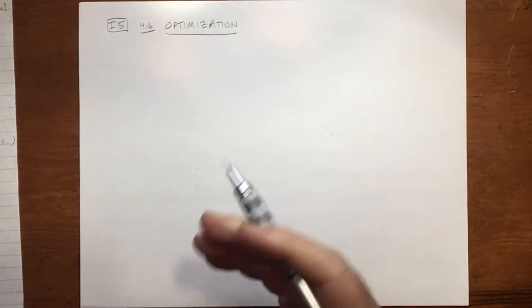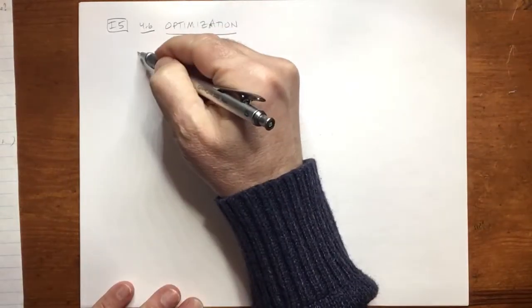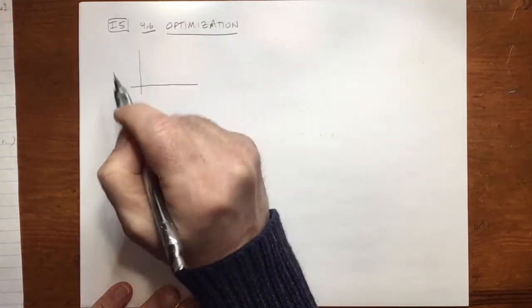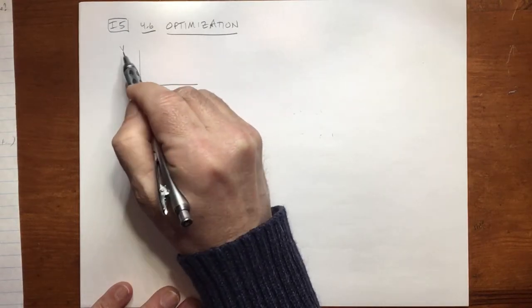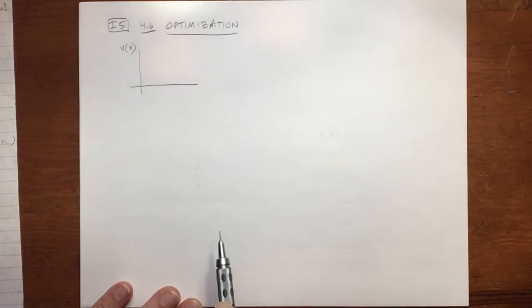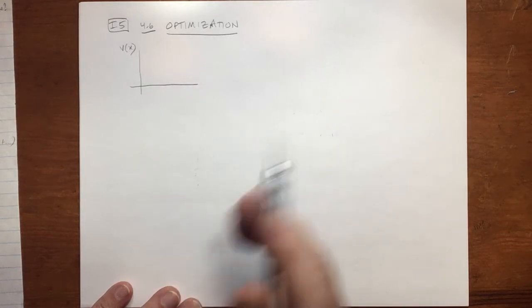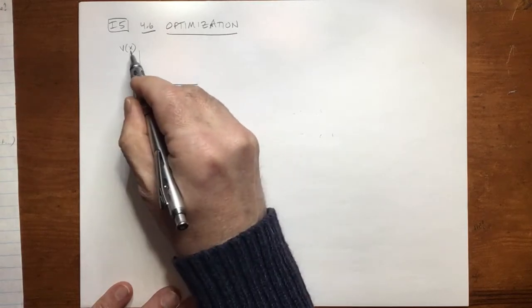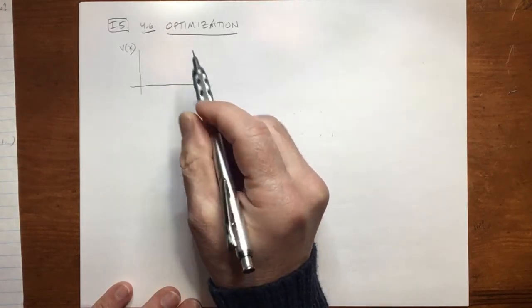And the idea of optimization goes like this. Let's say you have something like the volume of maybe a cylinder or something that varies depending on the radius or the height or whatever x may be.